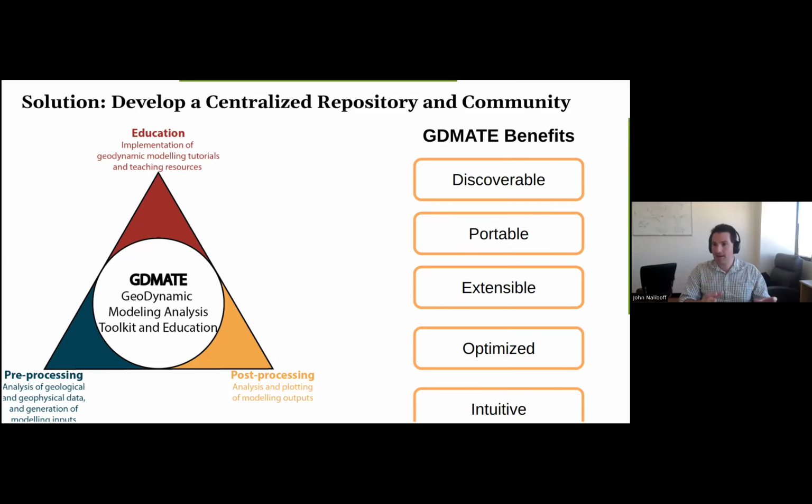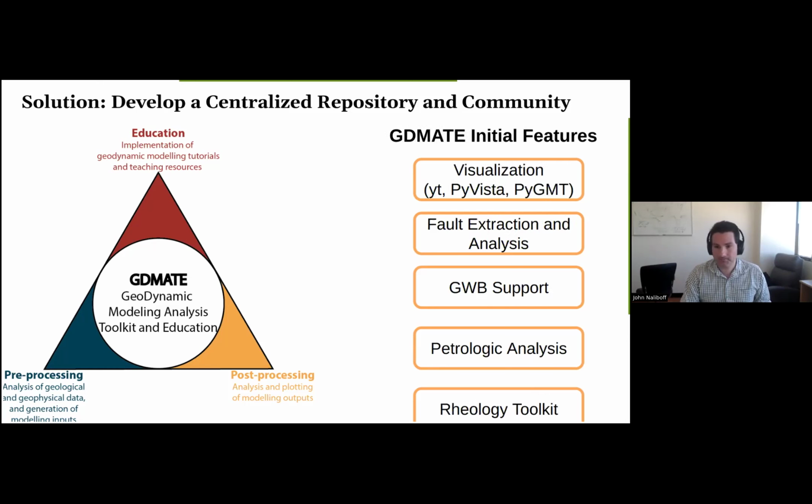So it's not a static repository. Any software you write which falls in the category of this supporting software, the repository design would be such that you can easily add it into our framework. It would be optimized, so we write things in a way where you automatically take advantage of Python optimizations, things like Cython, Numba, or parallelization, and it would be intuitive to use.